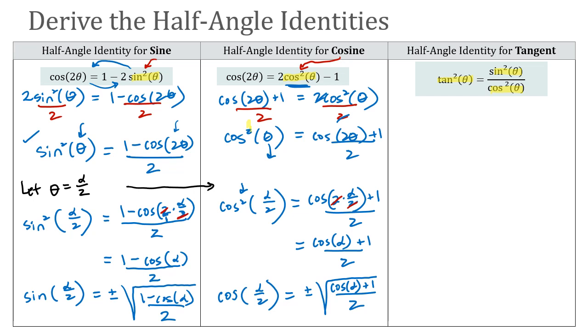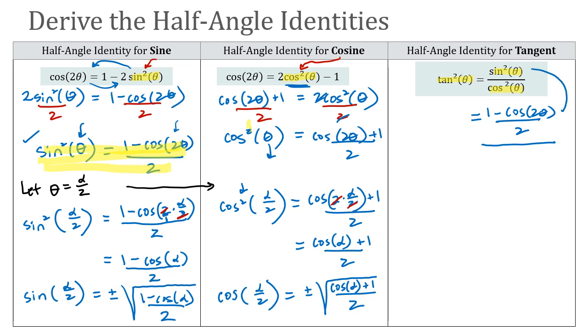So now using the identities that I just found, what do we know about sine squared theta? Sine squared theta, we found in our calculations, is equal to 1 minus cosine of 2 theta all over 2, and that's going to be over, right?